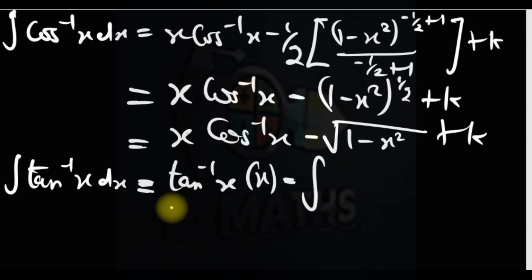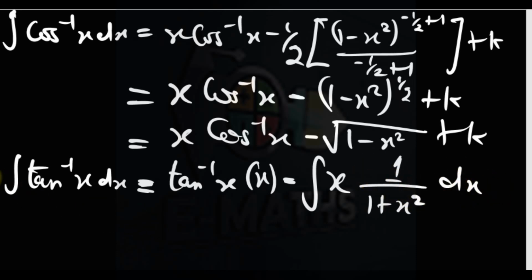And du, if you differentiate this, we have 1 over 1 plus x squared dx. That's the derivative. If you've not seen this before, go back to my previous video on that.